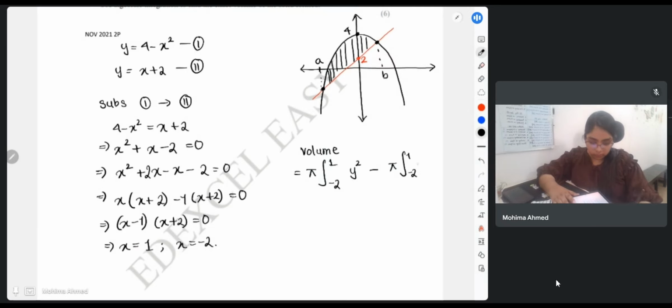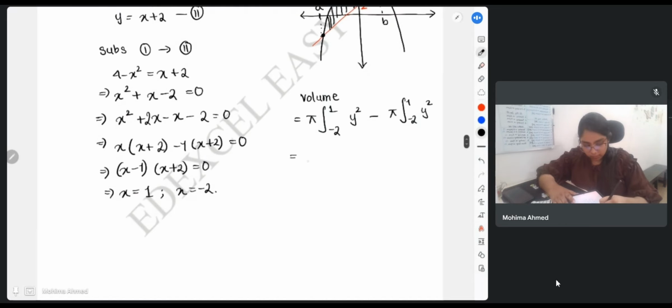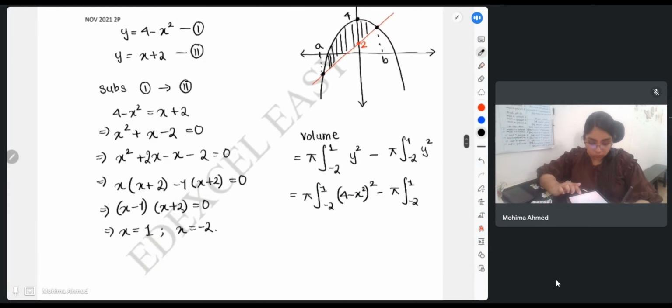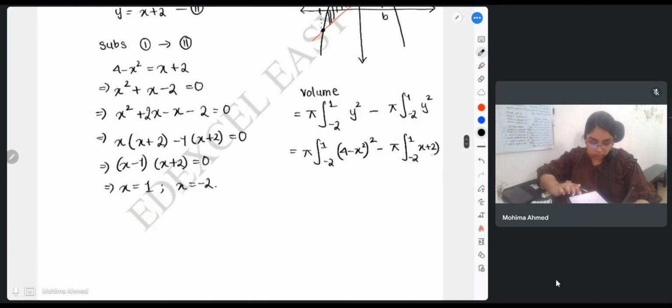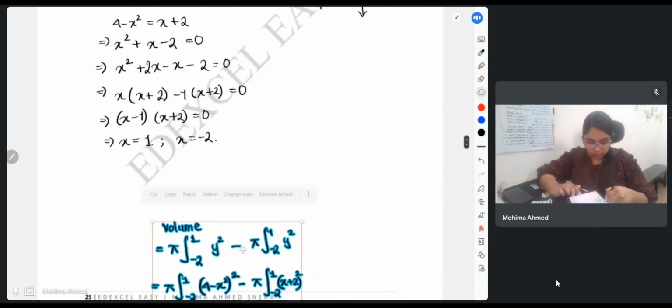The equation for your straight line was x plus 2, again y square. So finally you have to write this as pi, 1 and minus 2, 4 minus x square whole square, minus pi, 1 and minus 2, x plus 2 whole square. We'll just take this to the next page for our further calculation.